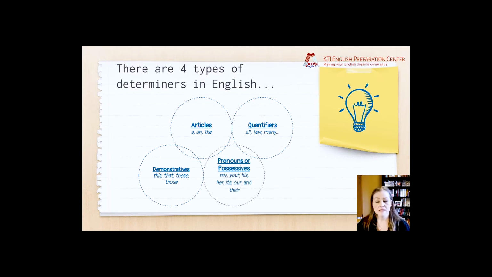The other common determiners we have are pronouns, which take the place of a noun, and possessives. So that gives us an indication as to who that noun belongs to or who's using it, that kind of thing. So again, we're going to just do articles today. This is too much information all at once. We'll practice with the articles.